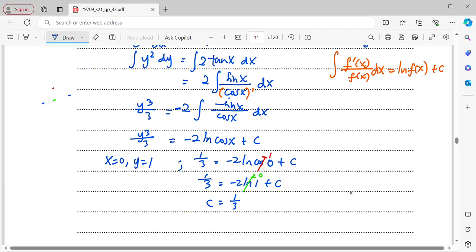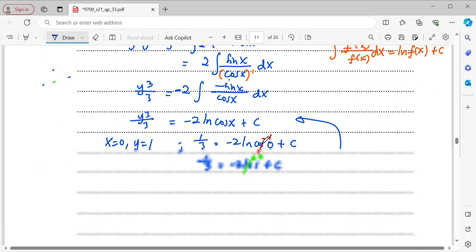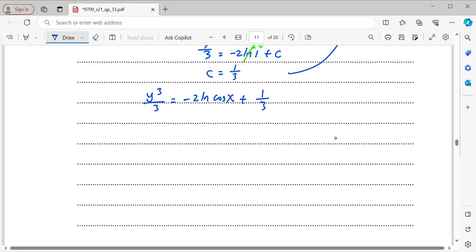So now substitute this c into the general solution. Then I will get negative 2 ln cos x plus 1 over 3. But then when you refer to the question, you need to express y in terms of x, means y to the degree 1. So first of all, times the whole equation by 3. Then you will be getting y cubed equals negative 6 ln cos x plus 1.